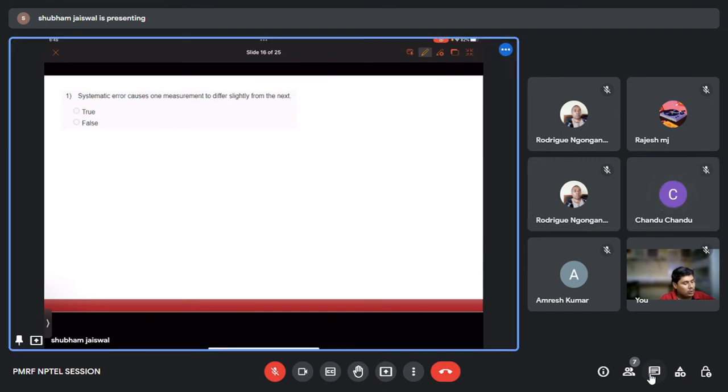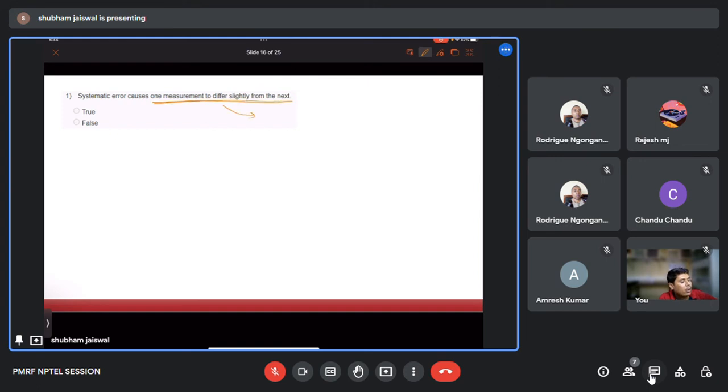Yeah. So we have seen the types of error, systematic and random error. In systematic error, what happens? We get the same values if we perform the experiment the same way. But in random error, the error will vary from observation to observation. Here they have said the systematic error causes one measurement to differ slightly from the next.